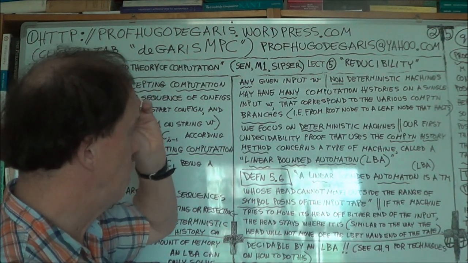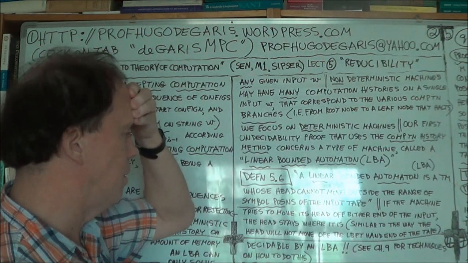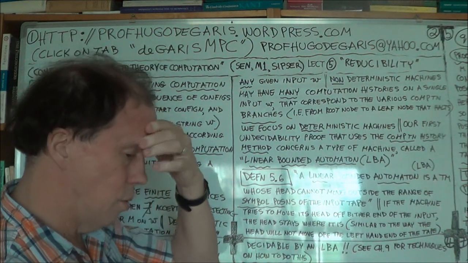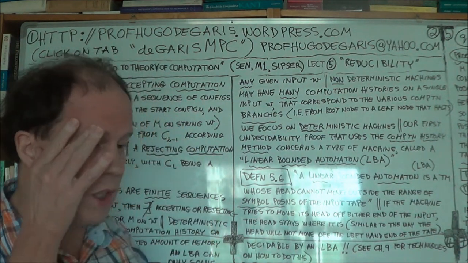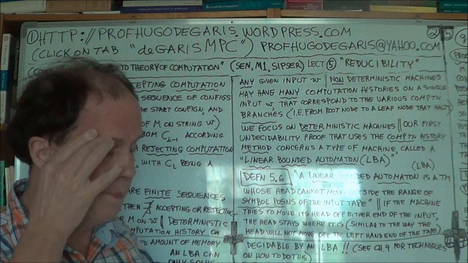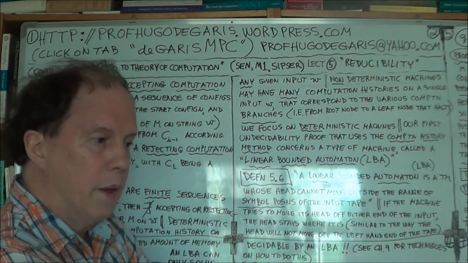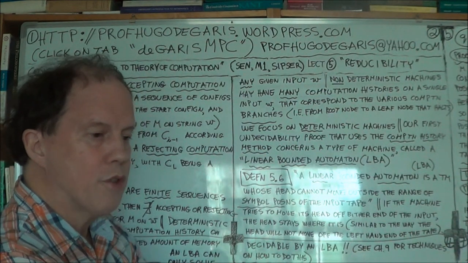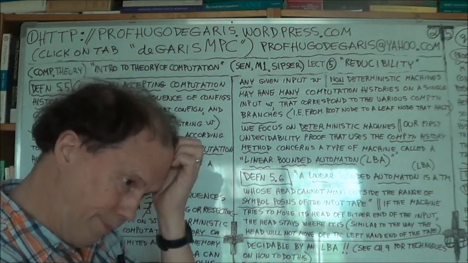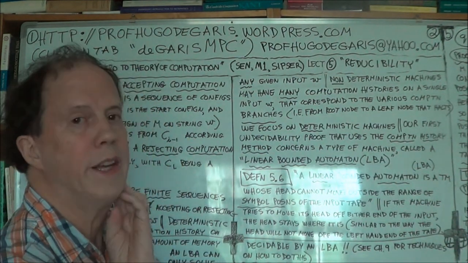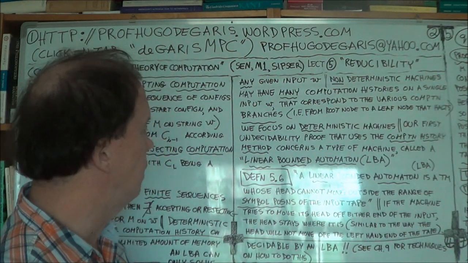Now, the machine I mentioned a bit before is not your ordinary Turing machine. It's a variant of a Turing machine, more constrained than usual. I'll give you the name first, and then describe what it is.